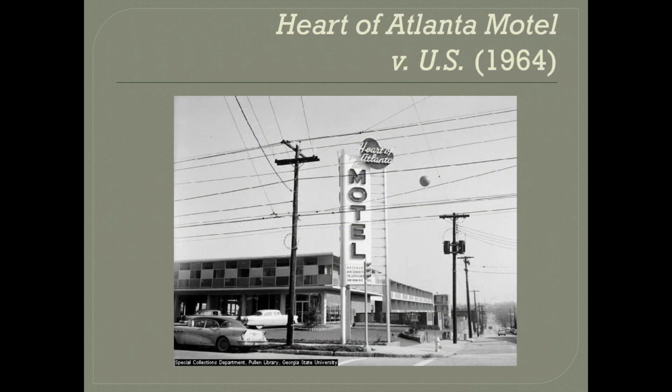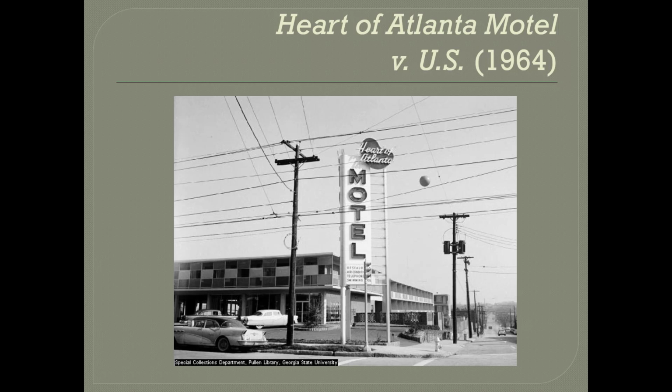Well, the Supreme Court decided a challenge to this law very quickly in a famous case called Heart of Atlanta Motel v. U.S. from 1964. This is the Heart of Atlanta Motel, and as you can imagine, it had white owners, and it wanted to maintain a whites-only clientele.